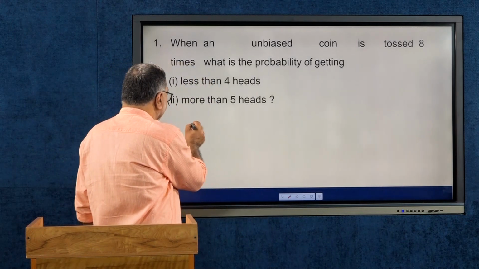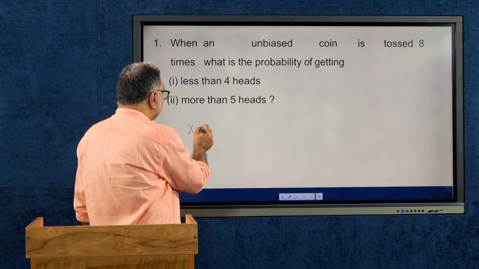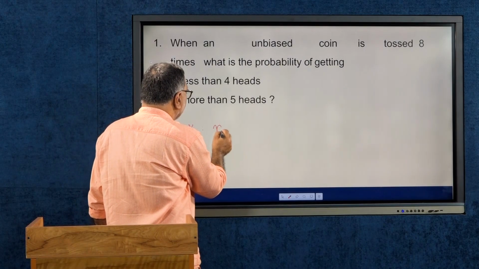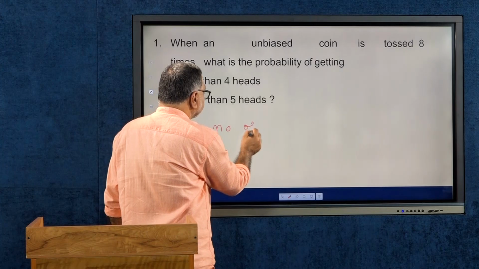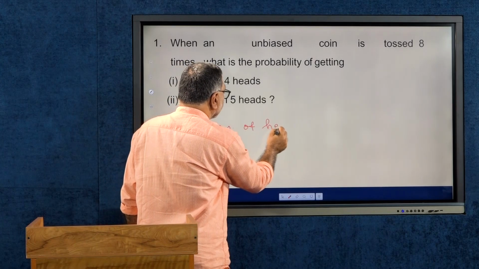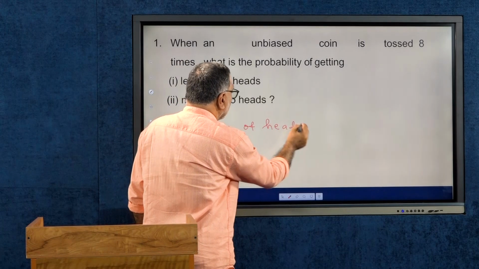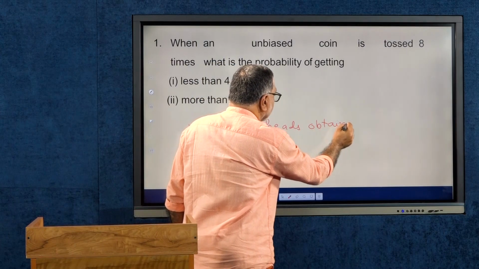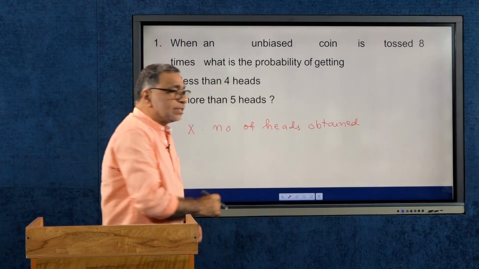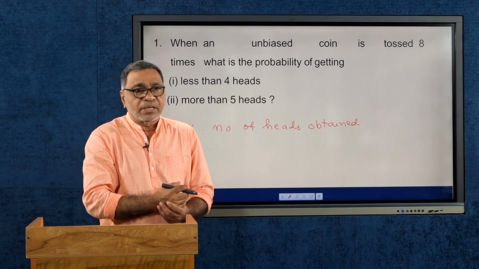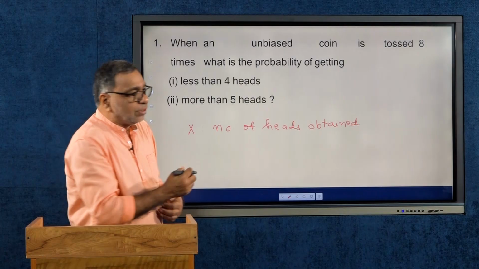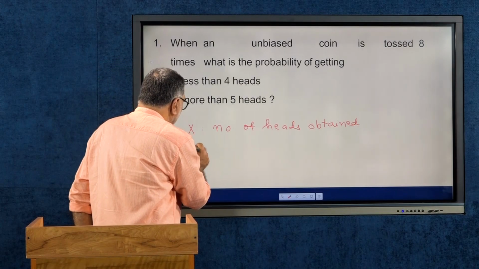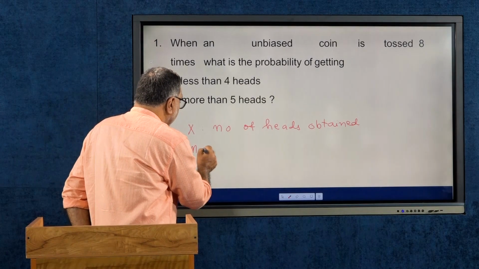Suppose X is a random variable that is defined as the number of heads obtained when a coin is tossed 8 times here.